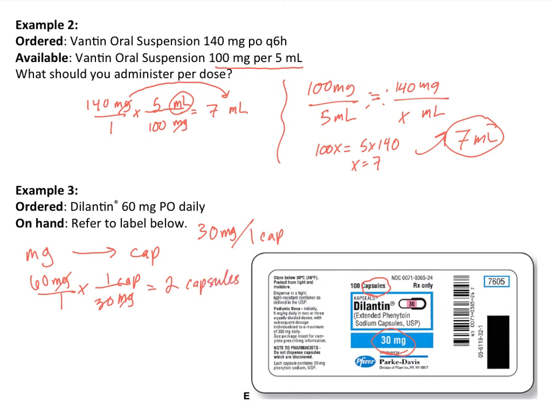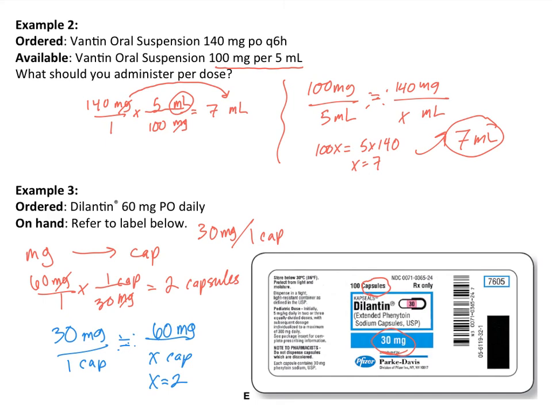The ratio, if you want to use proportions, I know the strength is 30 milligrams in one capsule, but I don't know how many capsules are in what my order is, or 60 milligrams. So I'll cross multiply. Again, you're going to get x equal to 2.